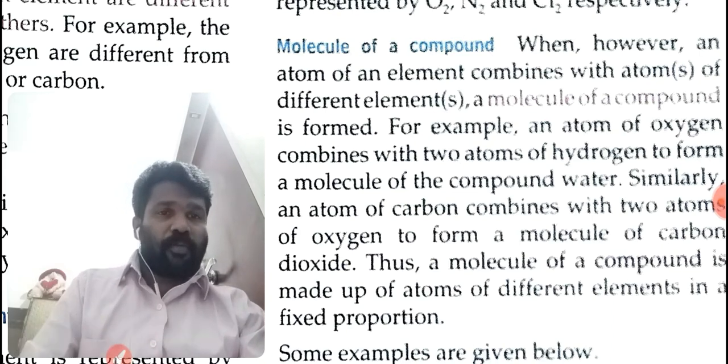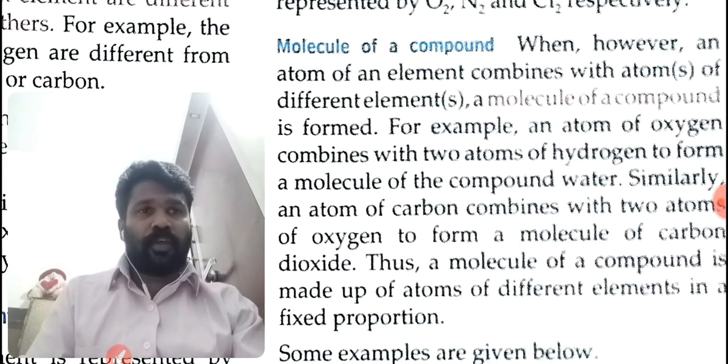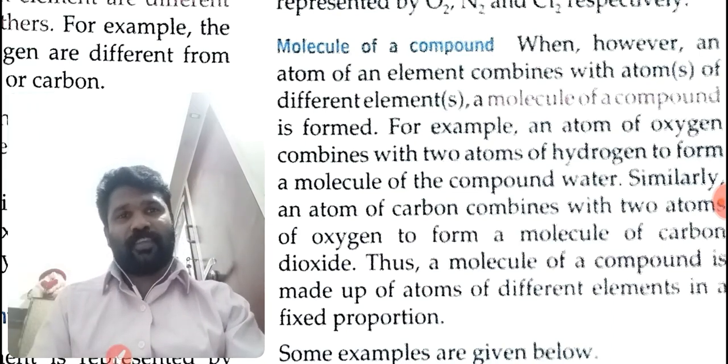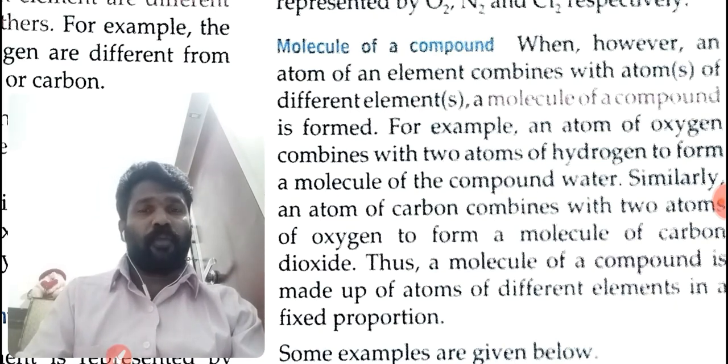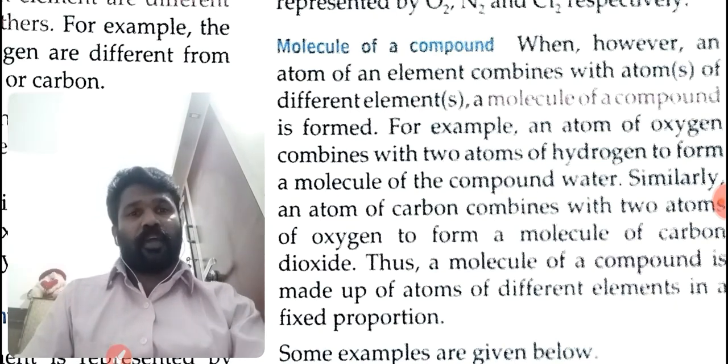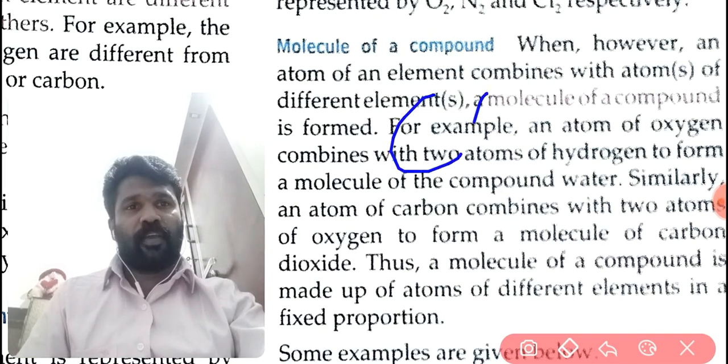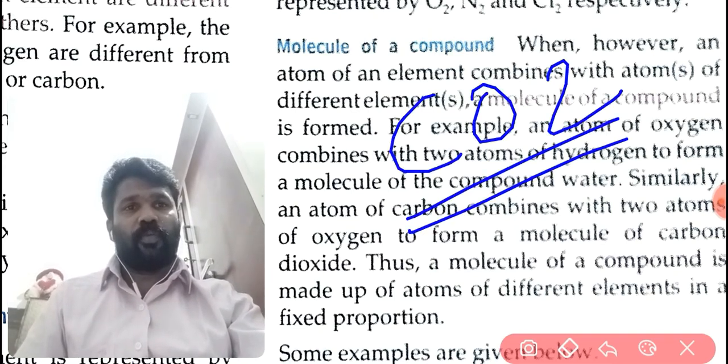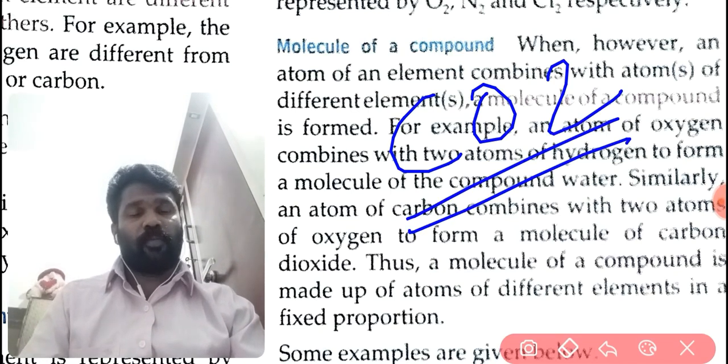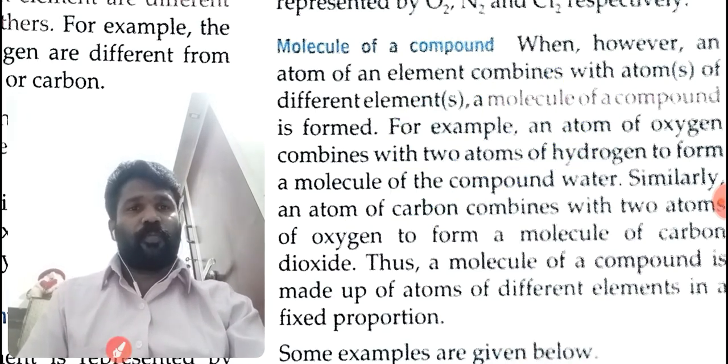Similarly, an atom of carbon combines with two atoms of oxygen to form a molecule of carbon dioxide. That can be written as CO2. The molecular formula of carbon dioxide is CO2.